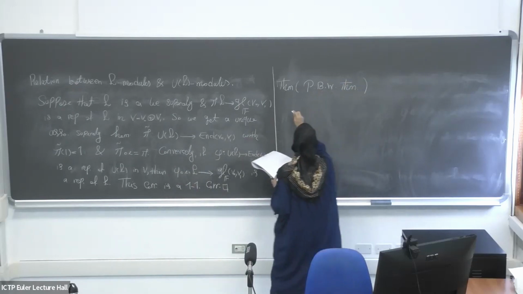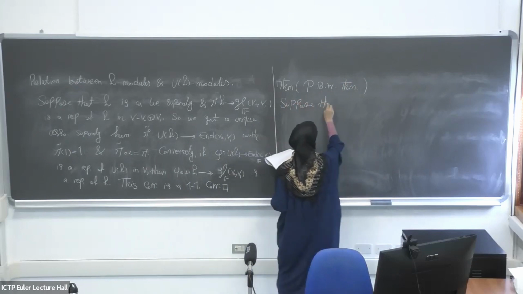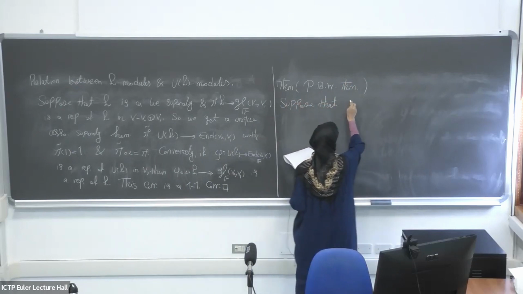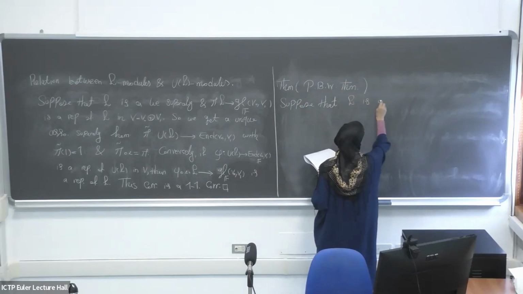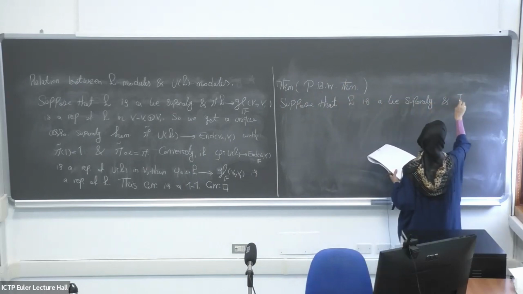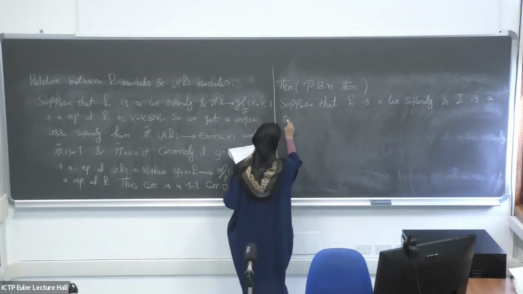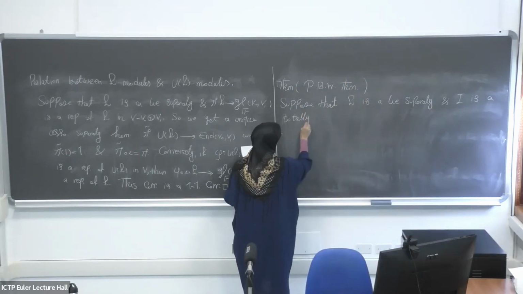It says: suppose that L is a Lie superalgebra and I is a totally ordered set.